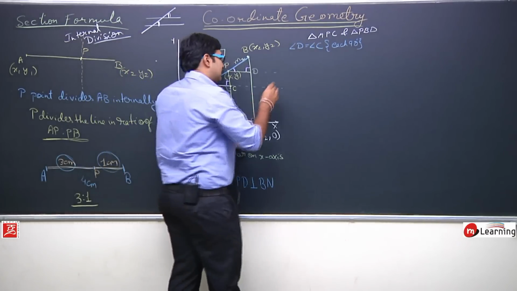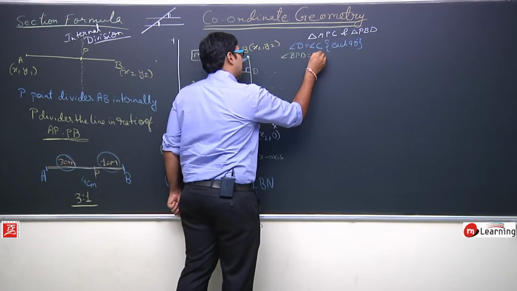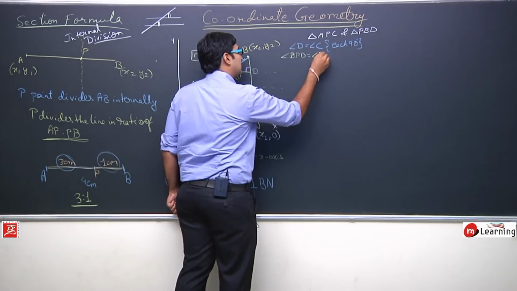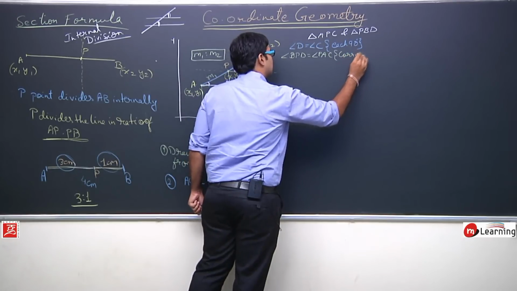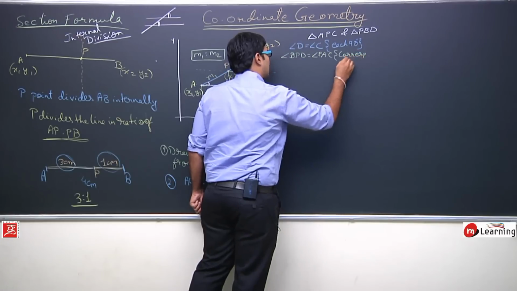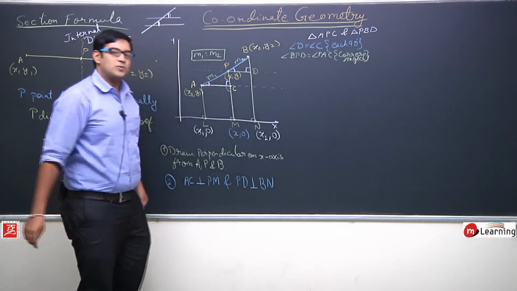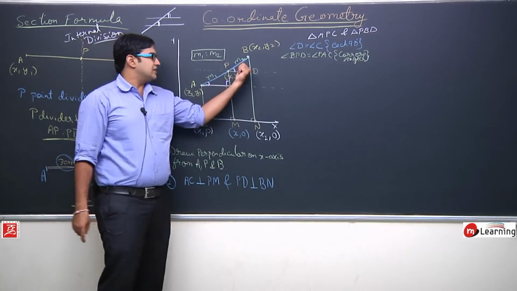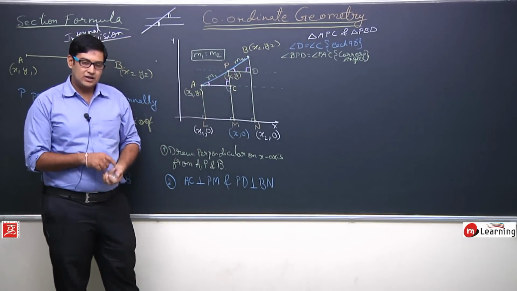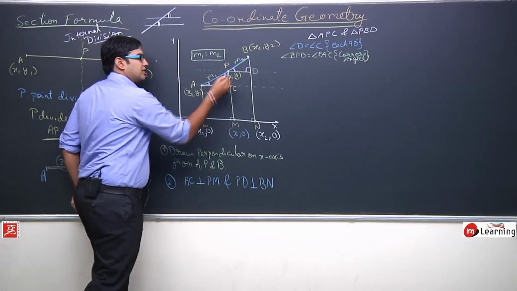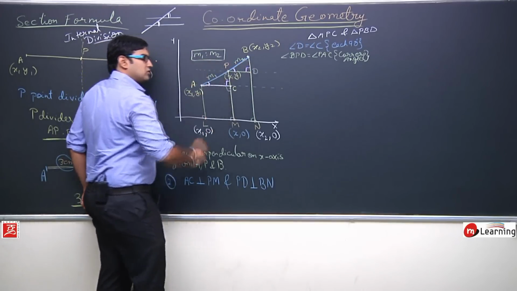So from this I can say that angle BPD is equal to angle PAC, and the reason is corresponding angles. So these are the two corresponding angles. Now since in these two triangles you can see that two of the corresponding angles are equal, this one is equal to this one and this one is equal to this one, so definitely the third angle has to be equal to the third one.